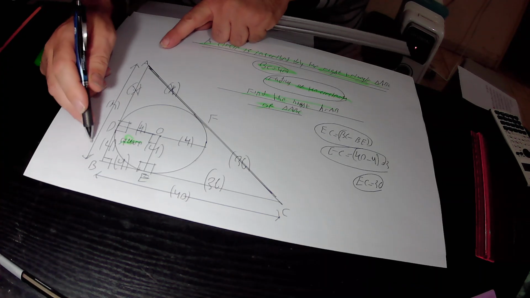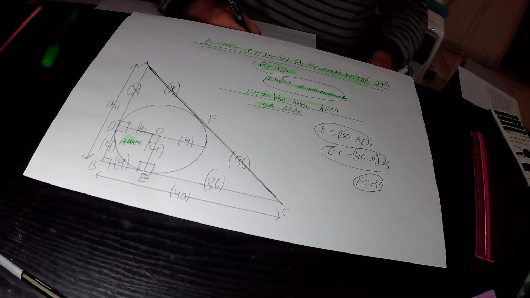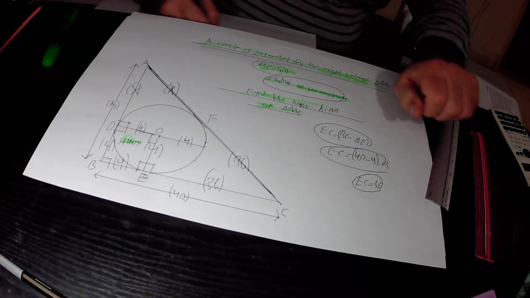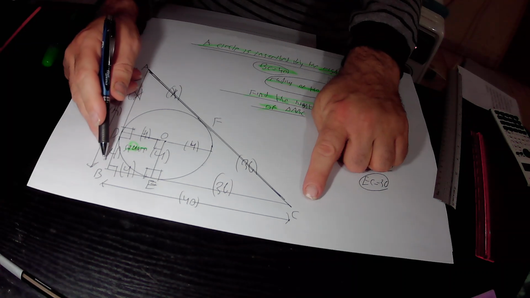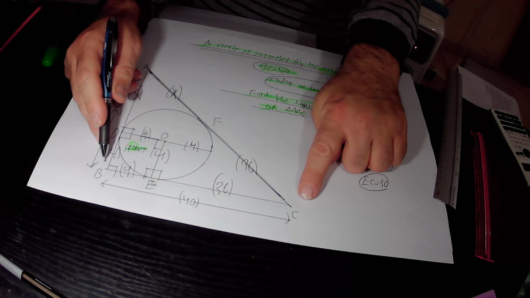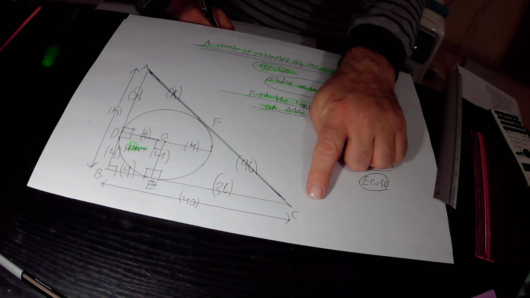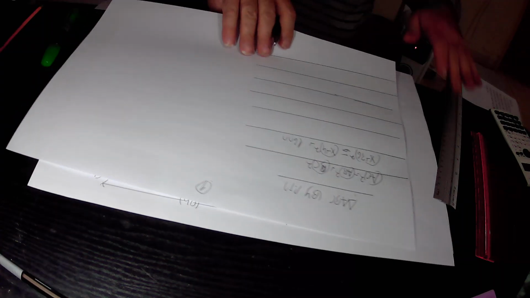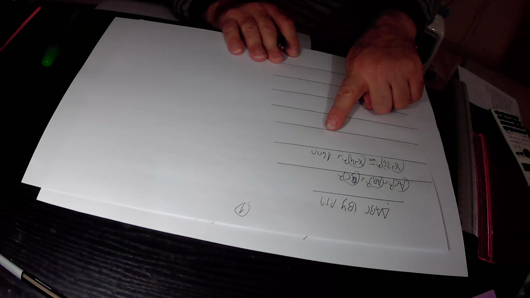AB in total equals x plus 4, therefore AB squared is (x plus 4) squared, plus BC squared. BC equals 40, therefore BC squared is 40 squared, that is 1600. So in total, we found that (x plus 36) squared equals (x plus 4) squared plus 1600.